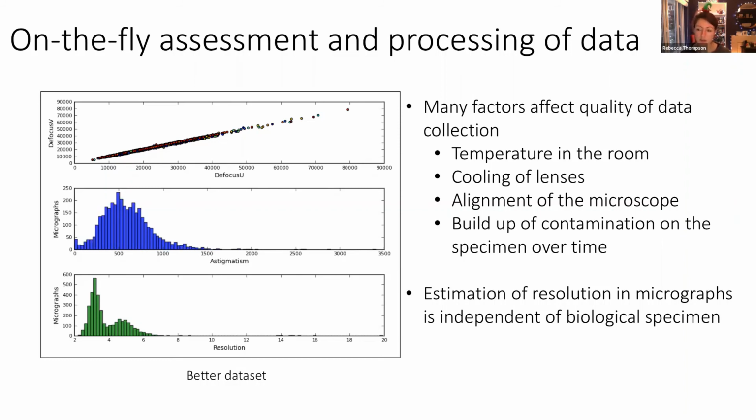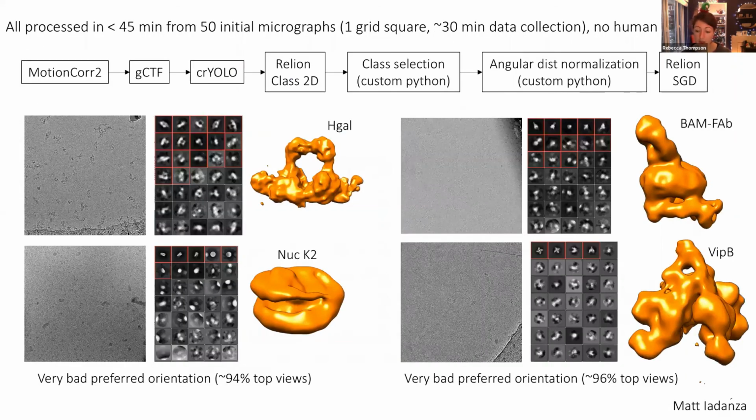However, what we're starting to do more and more of now, and this work was done initially by Matty Danza, who's now gone to work for CCP-EM, is to collect a small, say half an hour, 45-minute data collection, and then run it through a completely automated pipeline to generate a three-dimensional reconstruction.